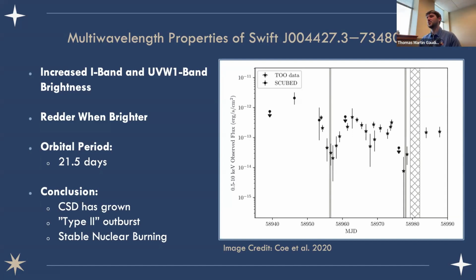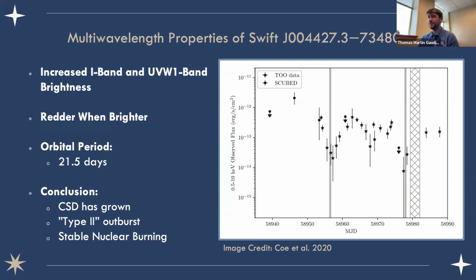This indicates that there is some sort of line of sight effect between us and this system where the disk is obscuring the X-ray emission from the compact object during these sort of high pulsed phases where we're seeing increased I-band emission. It seems that while we are seeing consistent X-ray luminosity from the source during its outburst, there are points where the disk is obscuring our view and we cannot see as strong of X-ray emission. This would be consistent with observations of other BE neutron star systems, as well as even some gamma ray binaries that have been observed to have similar effects.